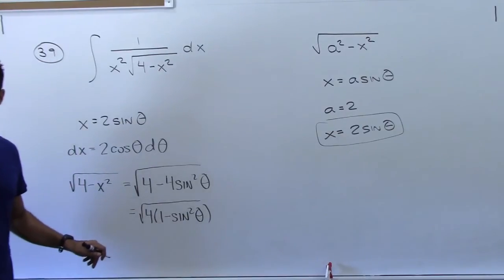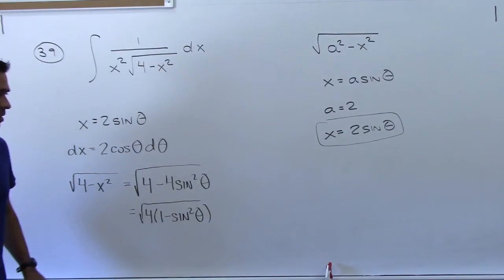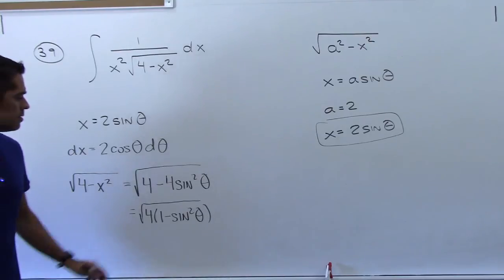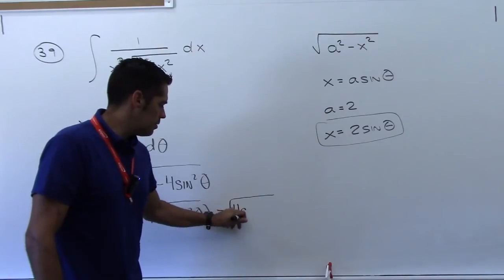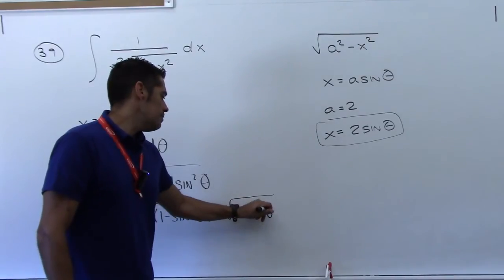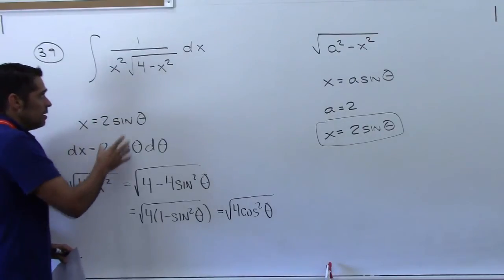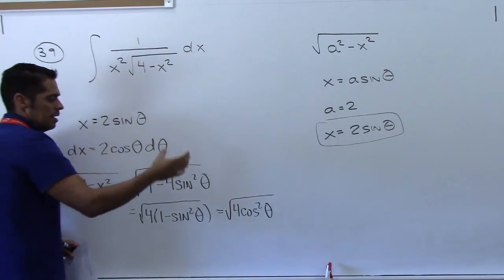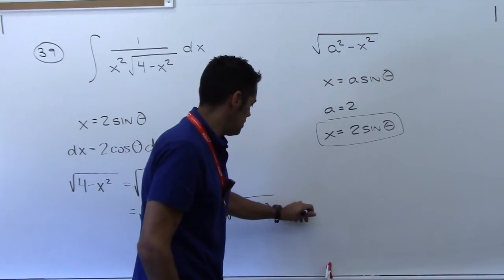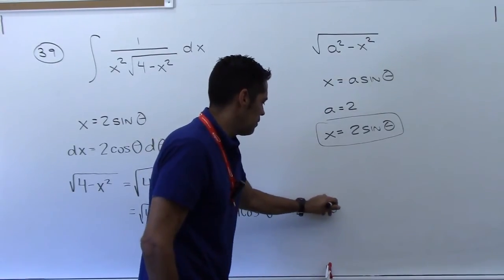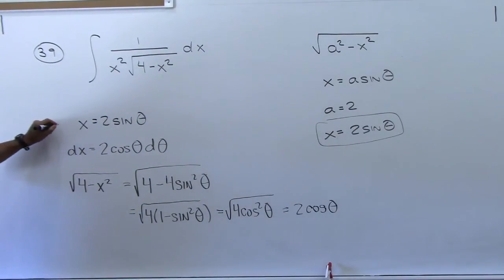You okay with that, Zach? And then what is this? Cosine squared theta. So this is equal to the square root of 4 cosine squared theta. That's what makes the trig substitution so good: you wind up at the end taking that complicated expression and rewriting it as a pretty simple trig expression. Right? 2 cosine theta.